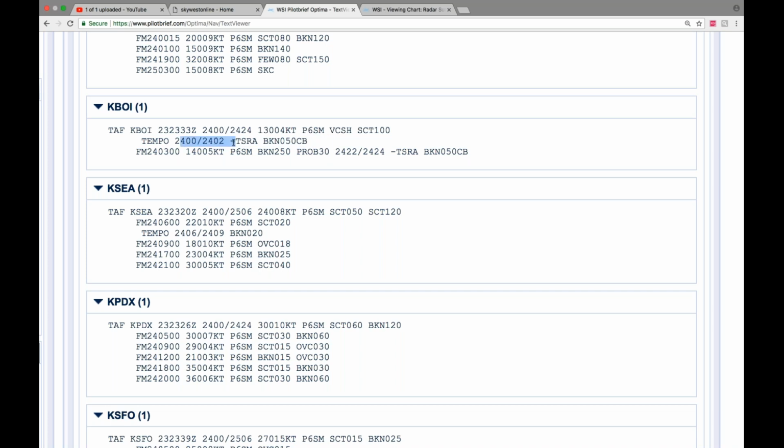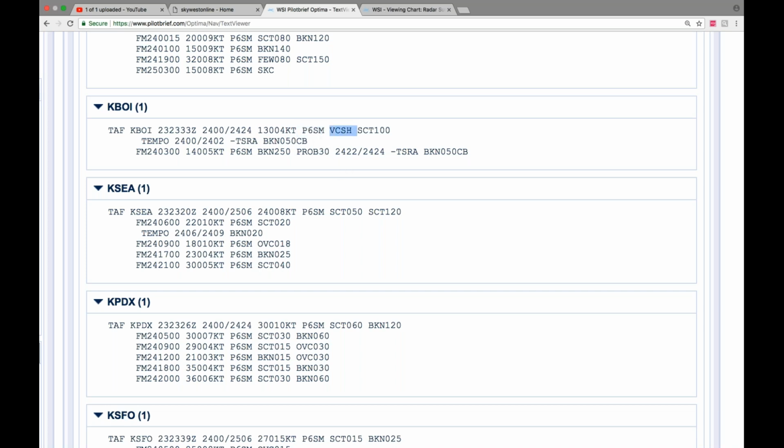So basically, if it's outside this window, then we refer back to the main body here. But during this 00 to 02, we refer to the changes here. So the winds, you can notice that it only changes really one thing. The wind will still be expected to be 130 degrees at 4 knots, and we're still expected to have greater than 6 miles of visibility.